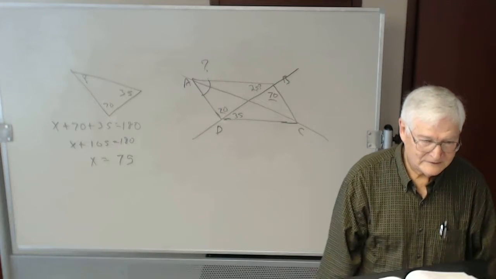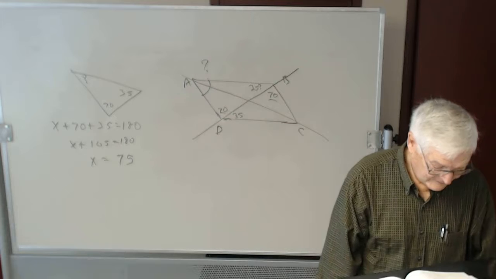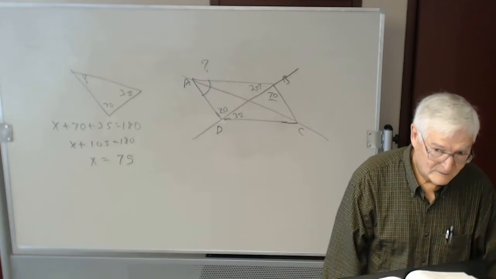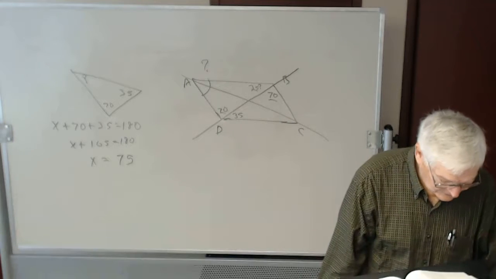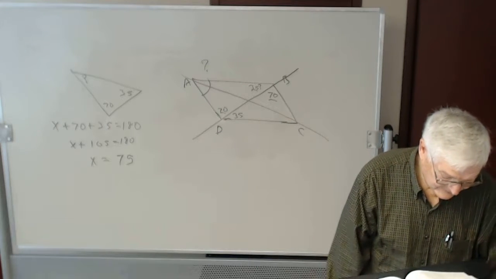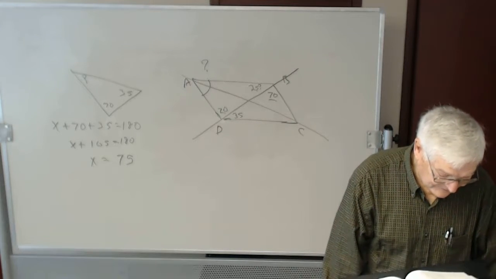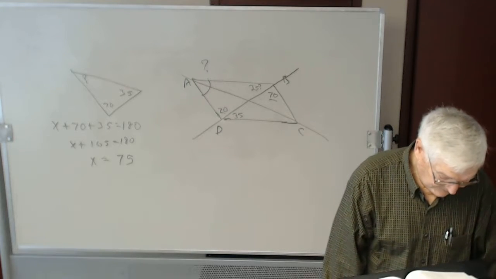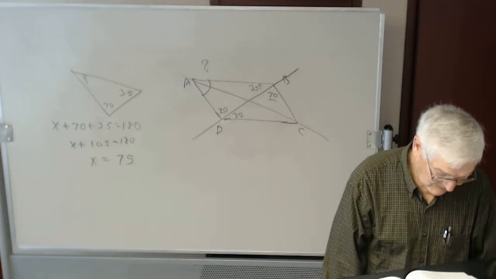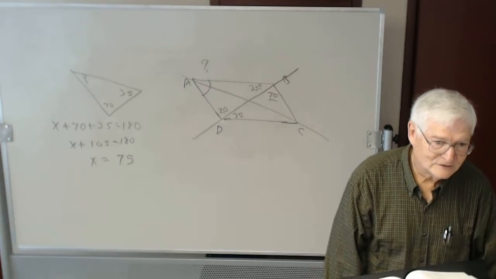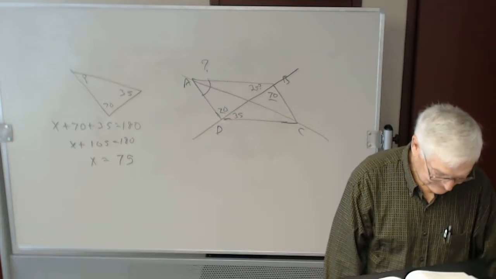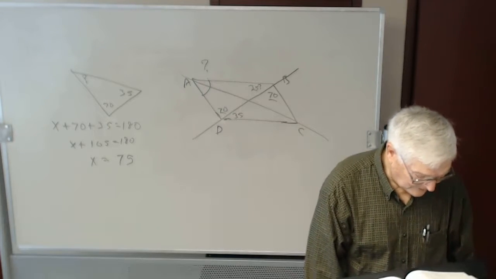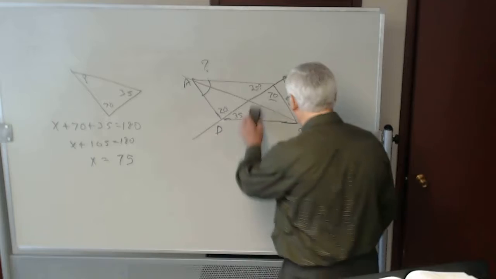What's 180 minus 105? 75. So C is 75. And if C is 75, what kind of triangle is that? Isosceles.